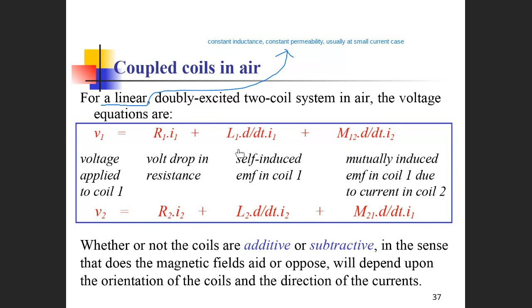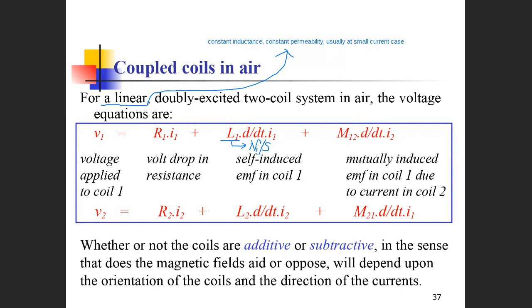This is the self-induction. The coil 1 current I1 produces flux that links coil 1. So this is self-inductance, which is related to N1.